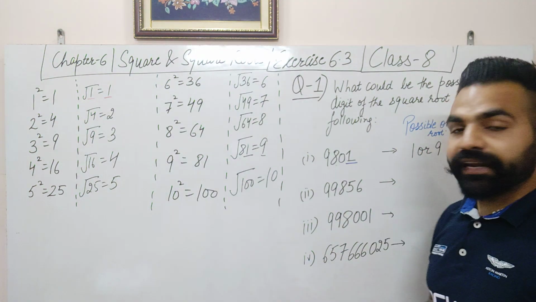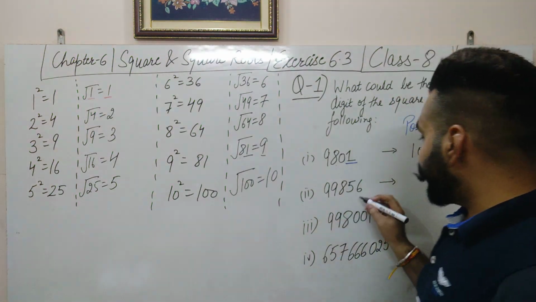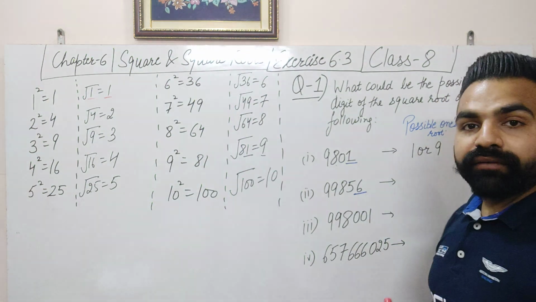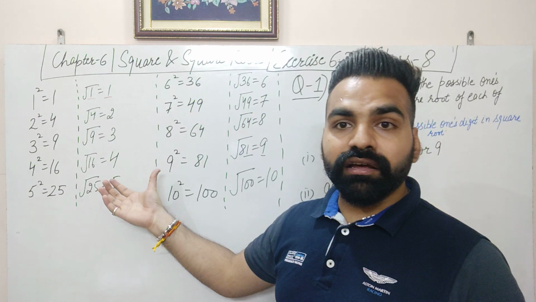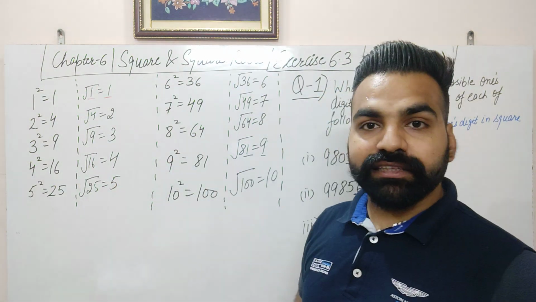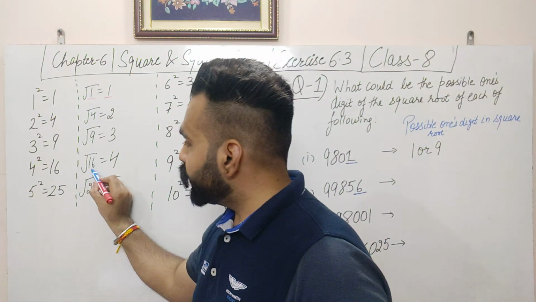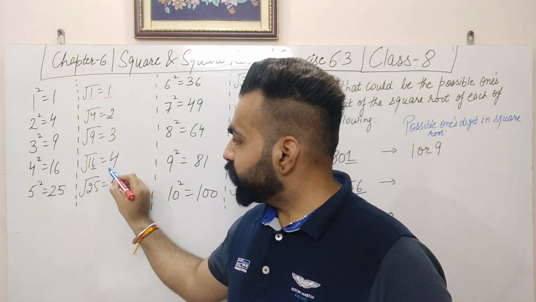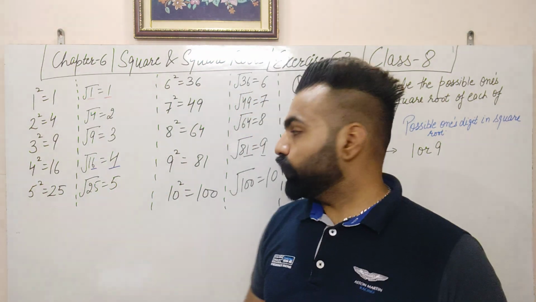Next is 99856. Here the unit place is 6. So we have to check in these examples where the unit place is 6 in the perfect square. Here the unit place is 6 in 16, and the unit place in its square root is 4.